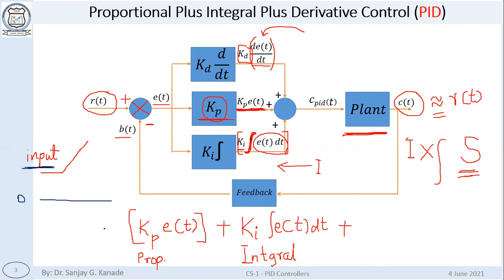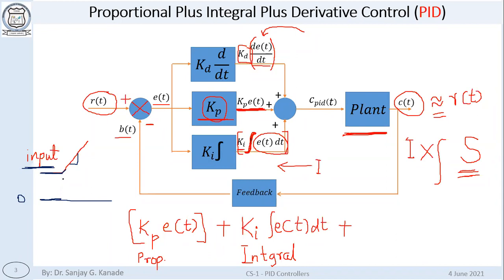See, what is the rate of change of this input here? Actually, it is nothing but the slope here, and that slope is constant. So until here, since there is no change in the input, the output will also be 0.